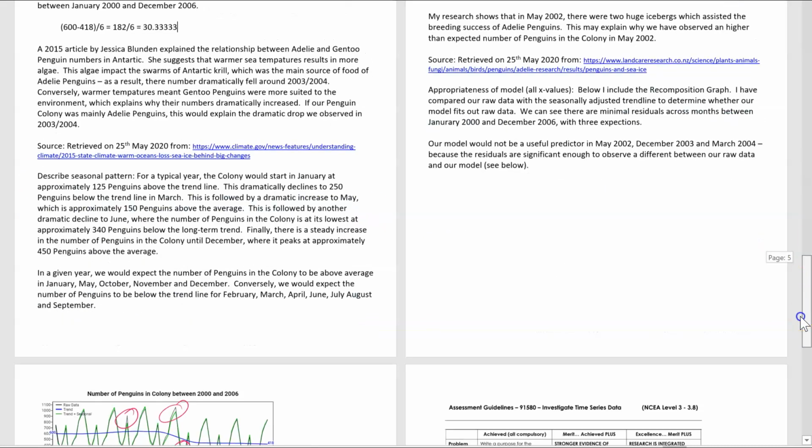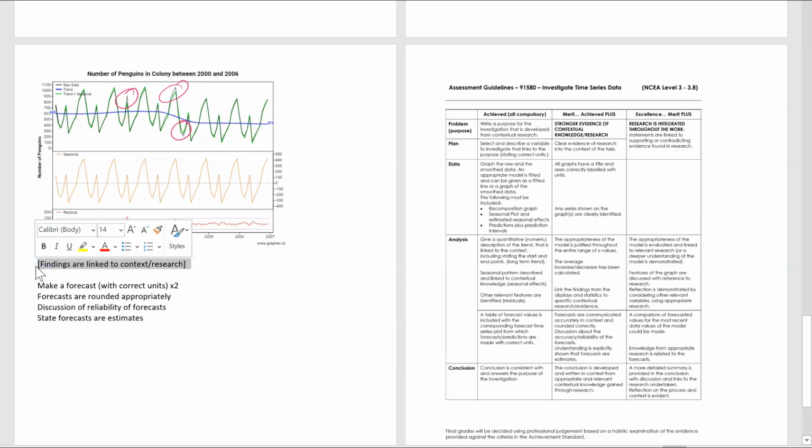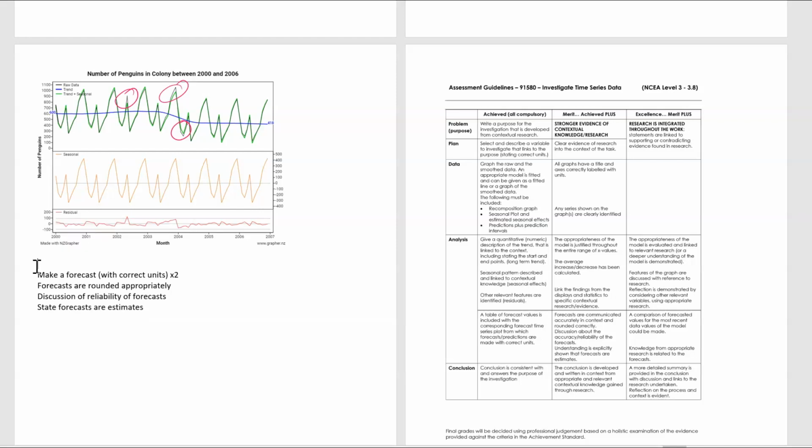Okay, so let's go back to our list. We've now done the average, increase, and decrease. And finally, as we've been going, we've been linking and trying to explain things with context and research, so I'm confident I can delete that one there. That leaves the forecast, which by this line in the marketing schedule, it's kind of its own section, and we'll discuss that in the next video.